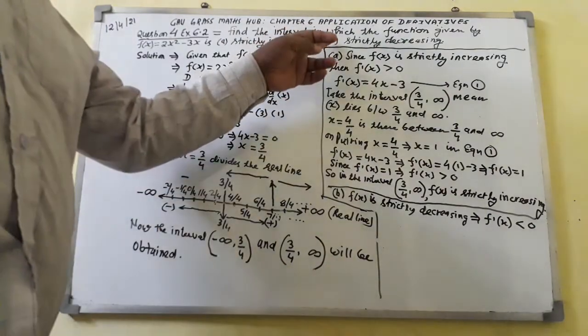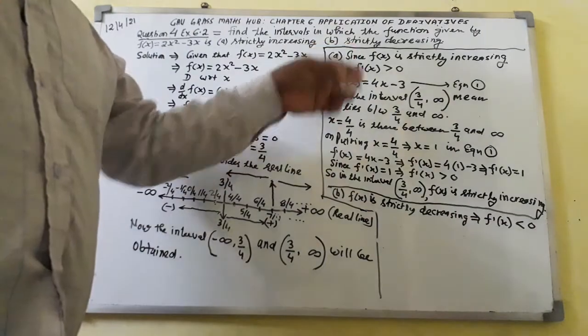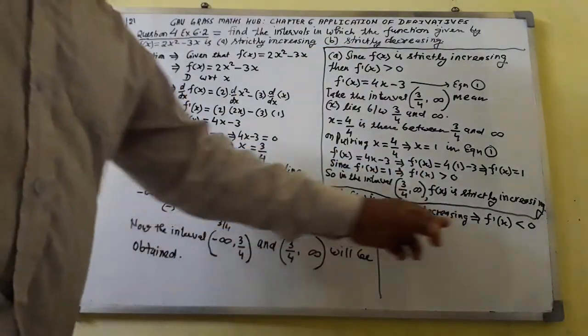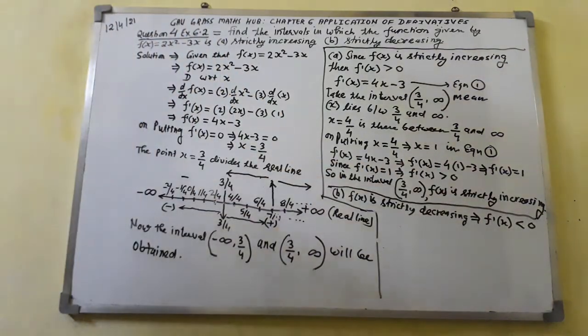It is given in part B, f of x is strictly decreasing, implies that f dash of x will be less than 0. Find out the interval in which f dash of x will be less than 0.